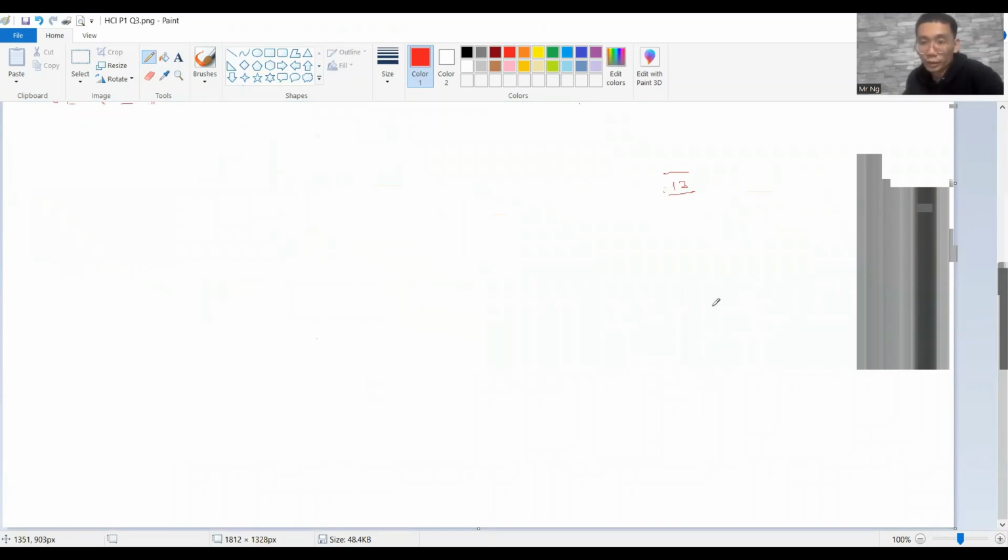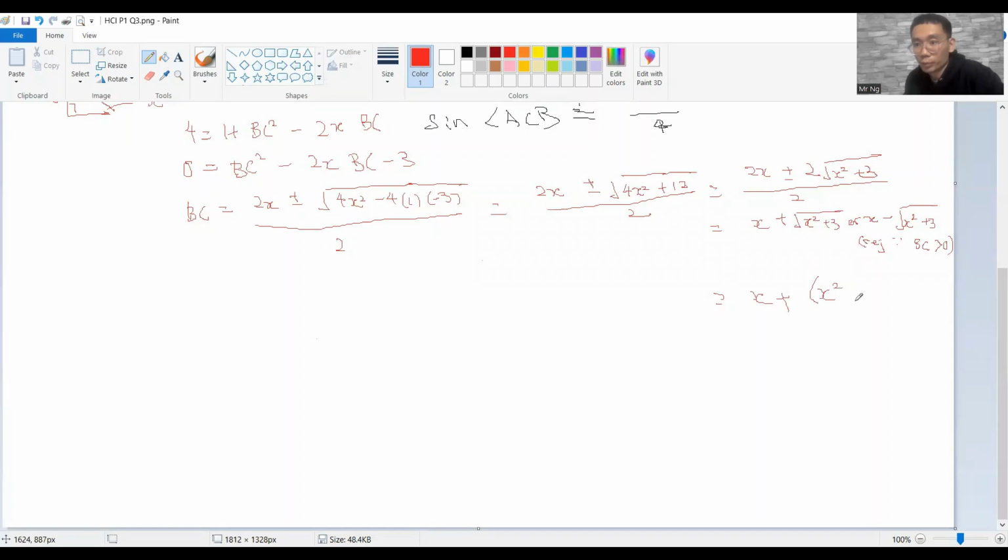Over here, x squared plus 3 to the power of half equals x plus 3 to the power of half, bracket 1 plus x squared over 3 to the power of half, equals x plus square root 3.